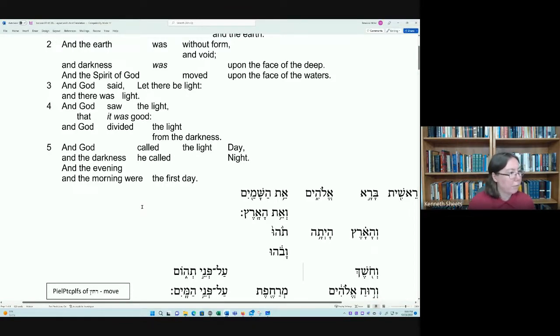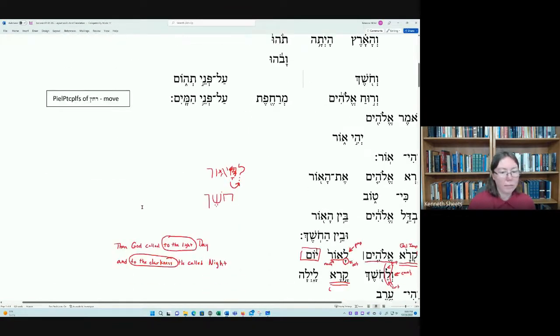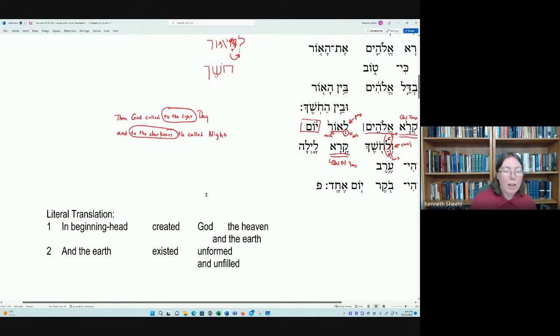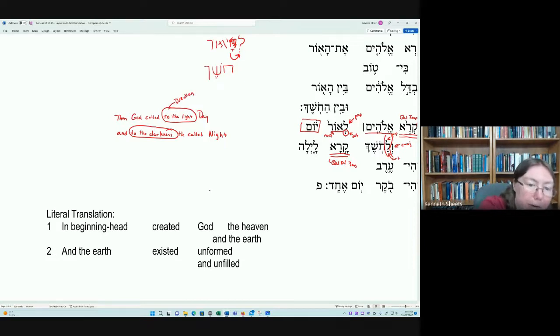Yes, sir. And so what has happened there is that lamed preposition is very clearly indicating the direction of the calling.